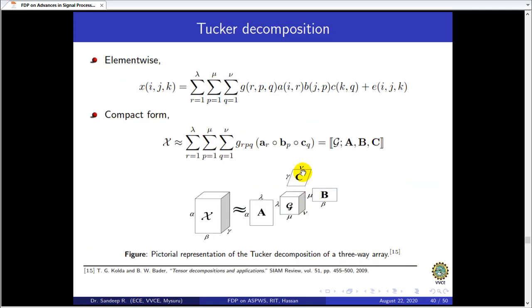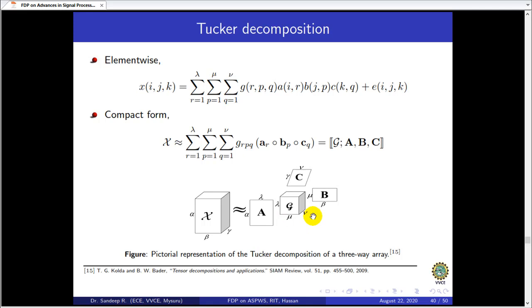So Tucker decomposition is a generalization of the parafac decomposition. You can see that it is also a representation of outer products of 3 vectors a_r, b_p and c_q, but the number of A's, number of B's and number of C's would be different. It is scaled by the values g_rpq, which is nothing but the core tensor array of dimension lambda, mu and nu.